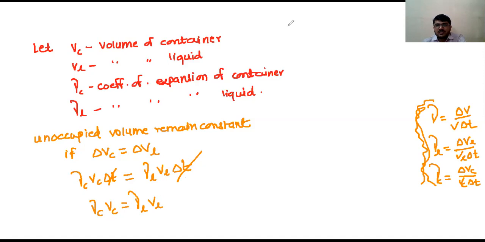This is the condition for keeping unoccupied volume constant.